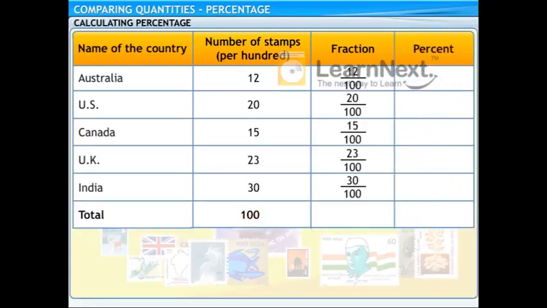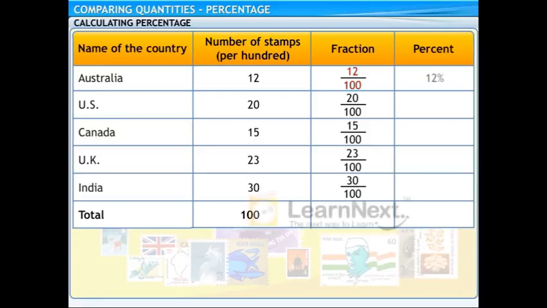In Rima's stamp collection, 12 out of 100 stamps are from Australia, so 12% of her stamps are Australian.